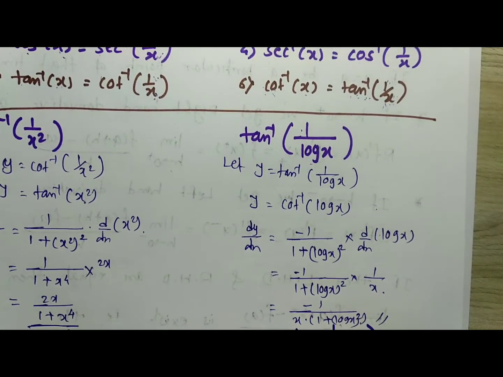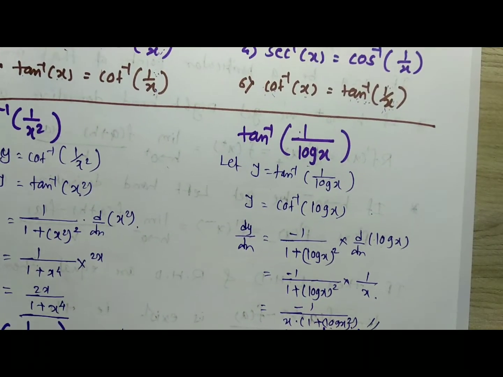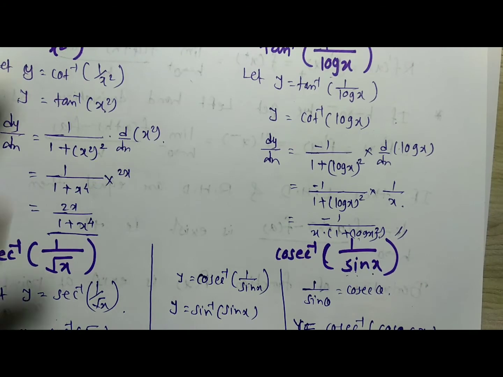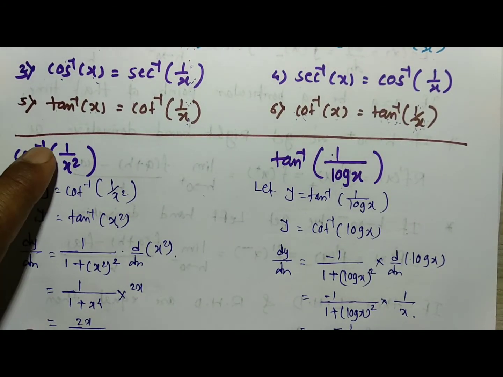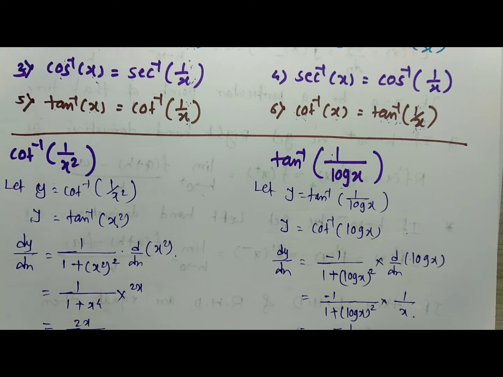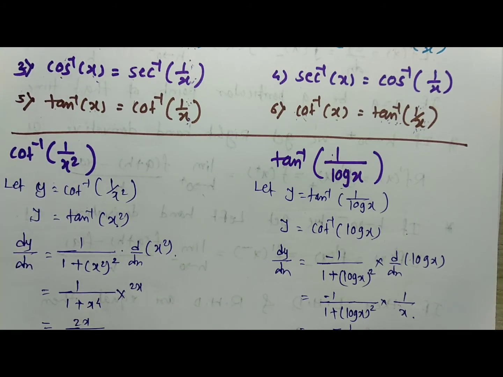One thing here: I want to find the derivative of the function cot inverse 1 divided by x square, by using a regular method, and what the differentiations are.